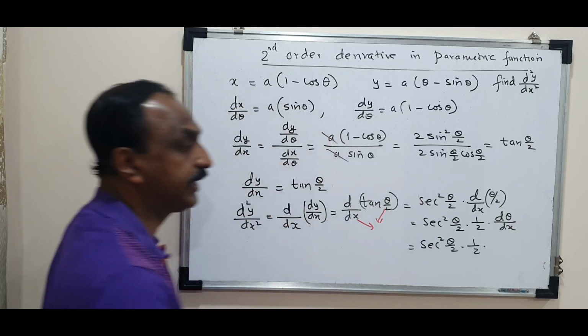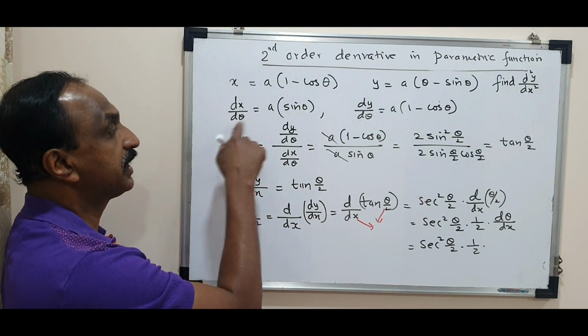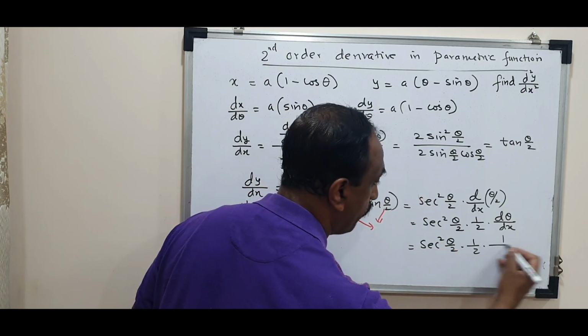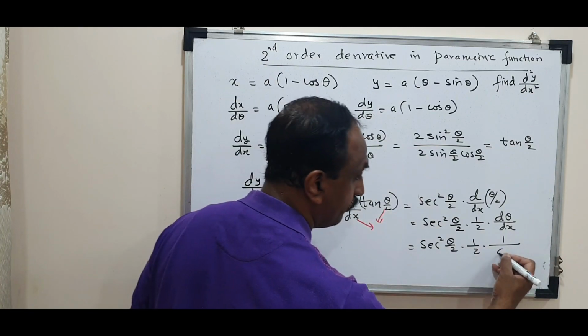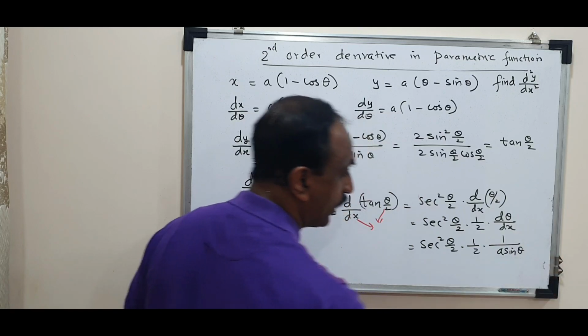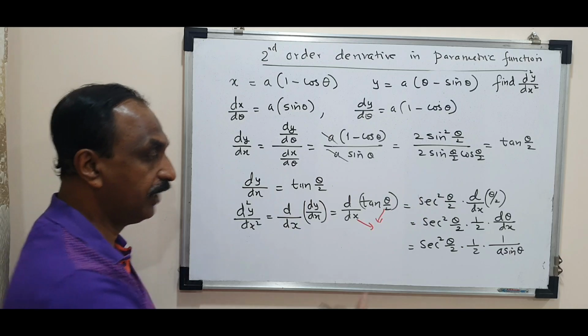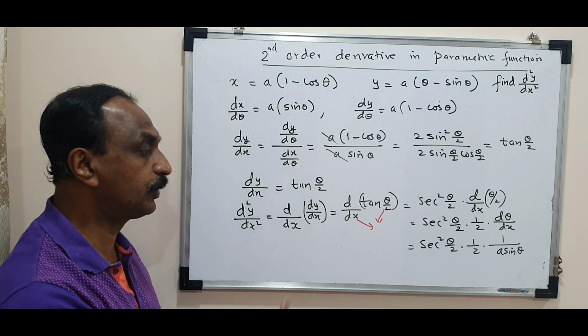Now how will I replace d theta by dx? It is the reciprocal of dx by d theta. So it will become 1 upon a sin theta. Now if you want to make everything into half angle, you can make it. If you don't want to, accordingly you can change it.